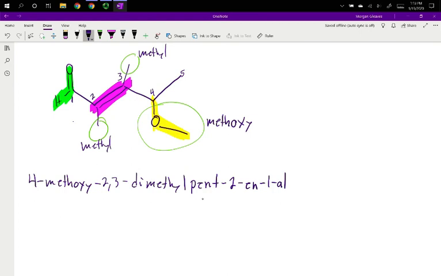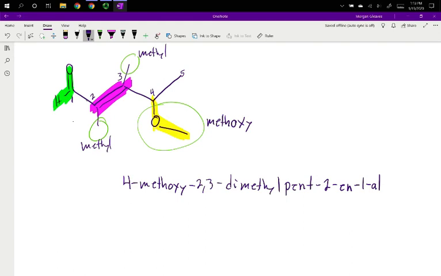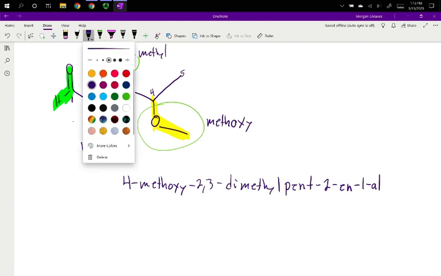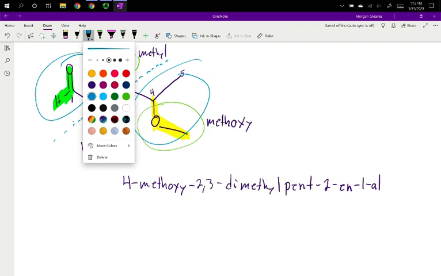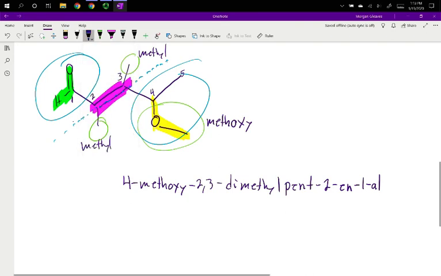The main chain itself is 5 carbons long, so it's a pent. At carbon 2 is the start of my double bond. At carbon 1 is my aldehyde. Our main chain comes in on the top. If I try and draw a line through the double bond, it comes in above and it goes out below. They are on opposite sides, which means this is a trans double bond.